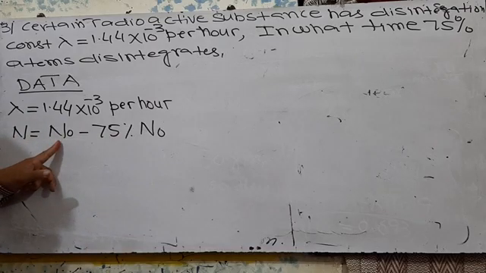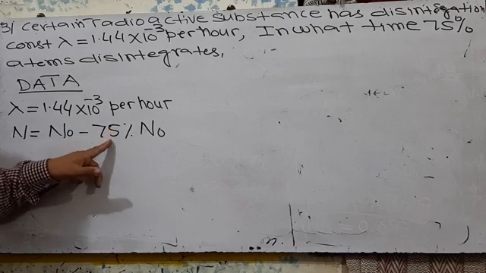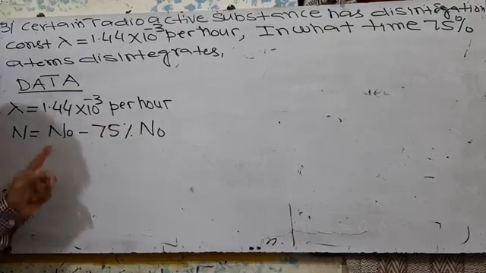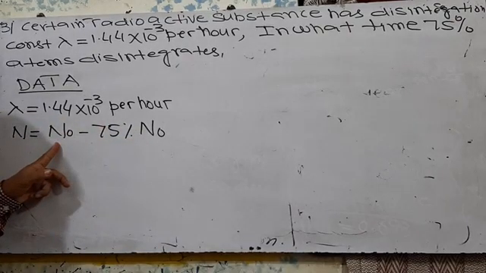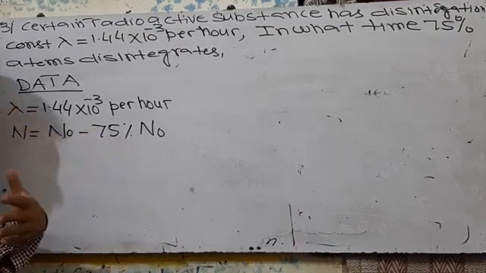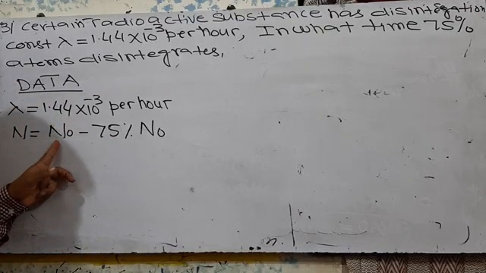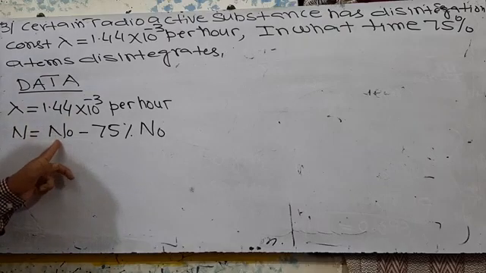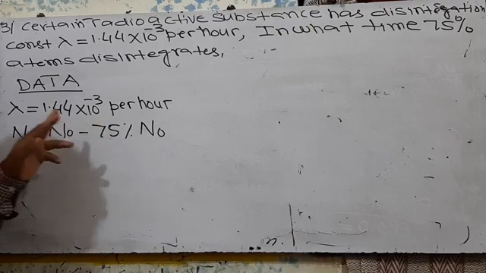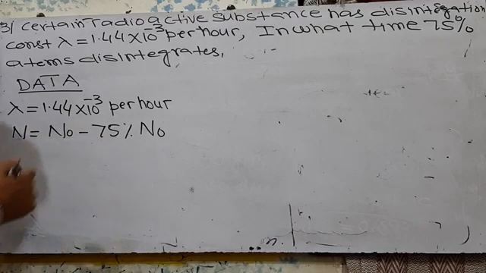N0 is the original number of radioactive nuclei present. 75% of the radioactive nuclei are disintegrated from this original number of nuclei, so this will be minus, and N0 is common.